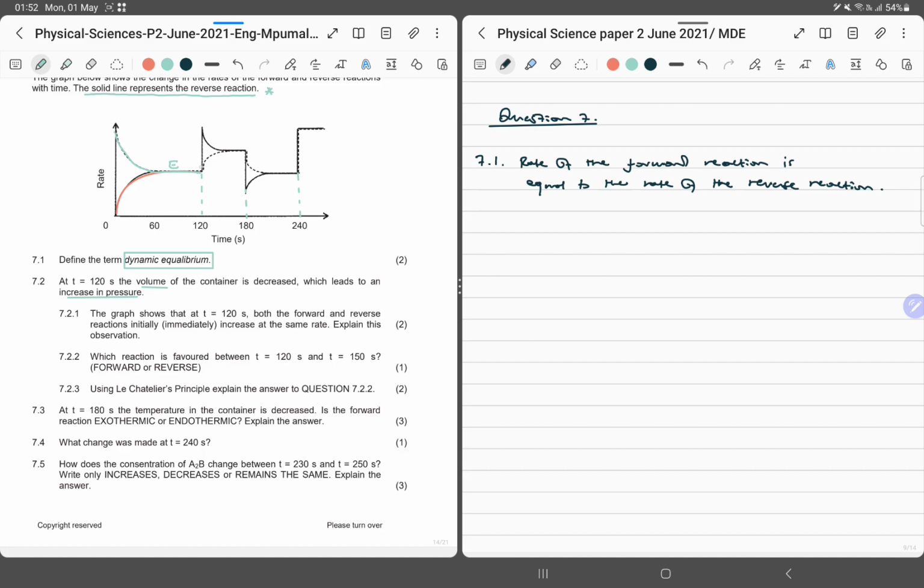Obviously, if you see these ones immediately going up like that, they first, at T120, sharply rise together before the other one continues to rise on its own.